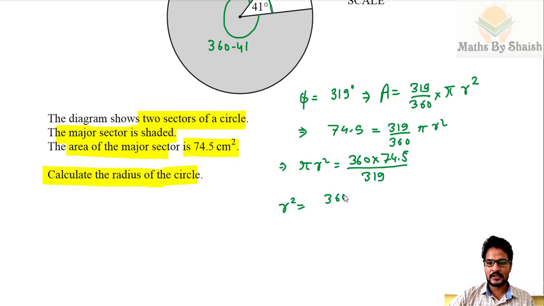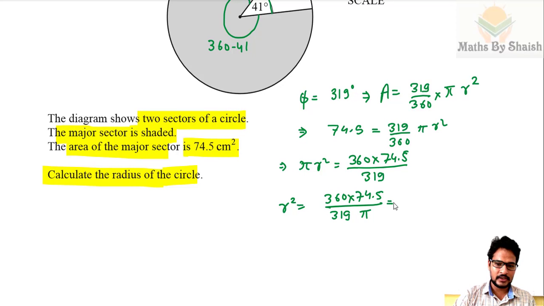It is 360 into 74.5 upon 319 pi. Now we will calculate this directly on the calculator. 360 into 74.5 divided by 319 pi, and this value is 26.7619 and so on.